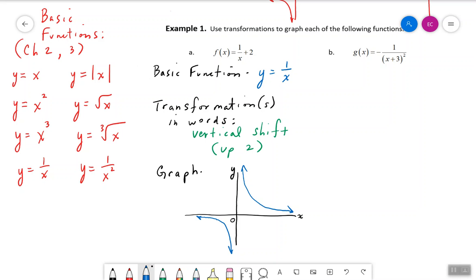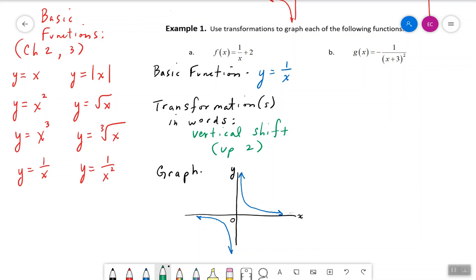And then we just need to shift the whole thing up 2 units. Well, how are we going to do that? You know what I'd like to do is I'd actually like to draw this again. I think the left side looks a little bit better than the right, so let me make this one a little smaller, a little more symmetric, make it match a little better. I think that looks better.